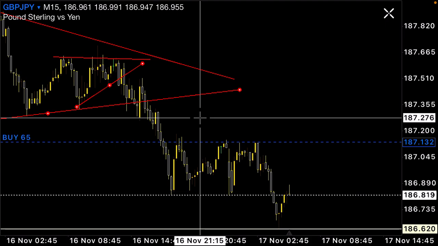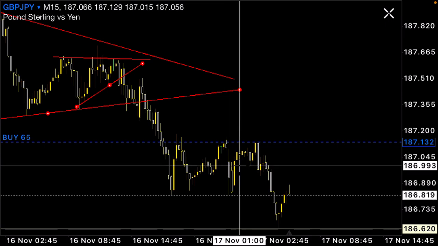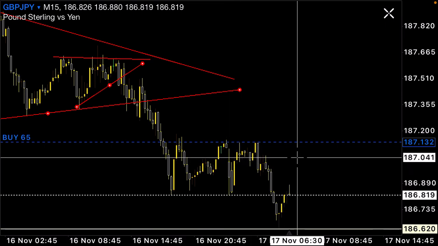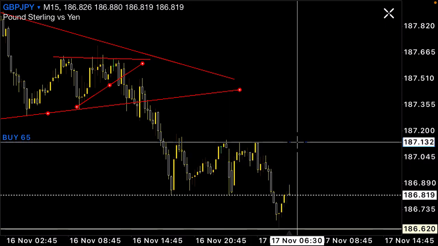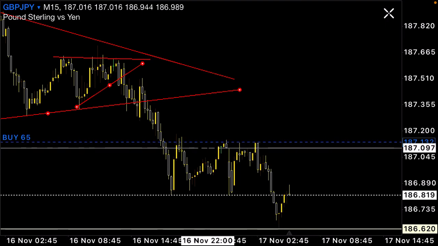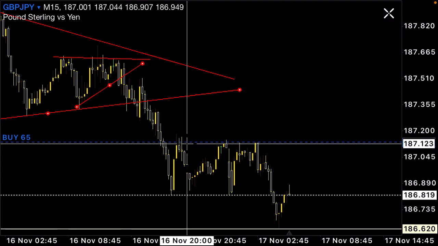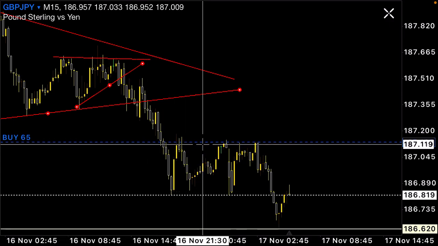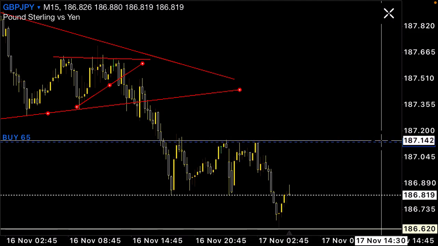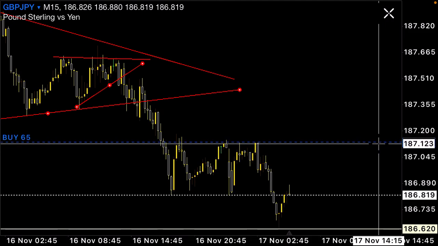So like I said, if I would have put a stop loss down around here, because I pressed a buy order, which means over there to the left it says buy with 65 lots, which is $650 per one of these ticks or pips.